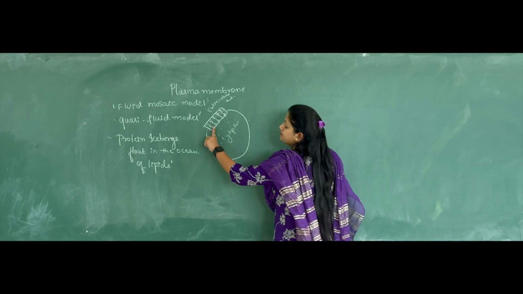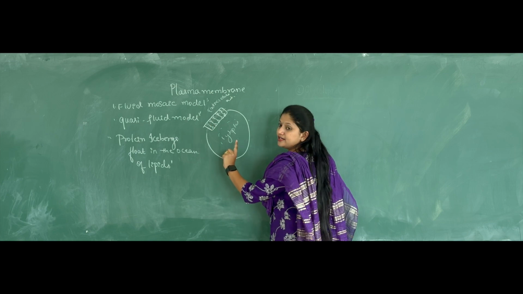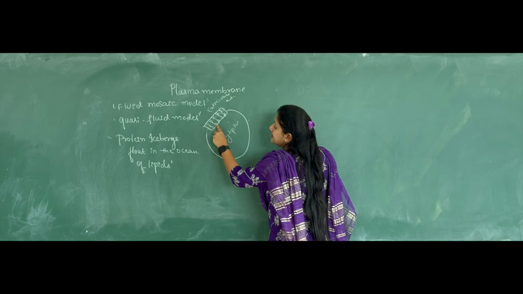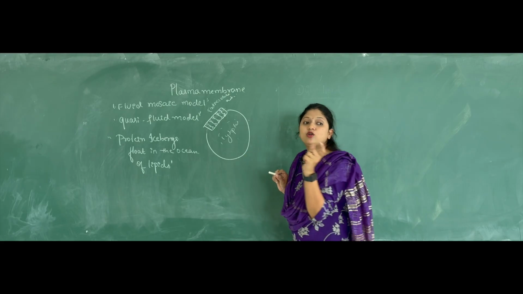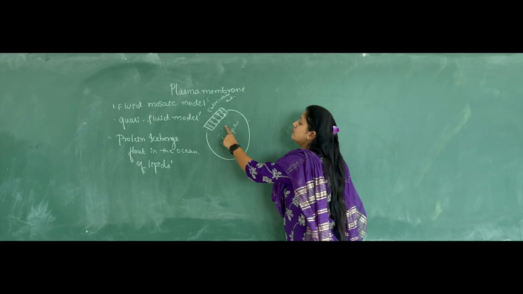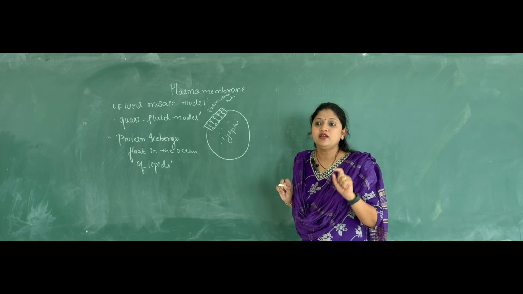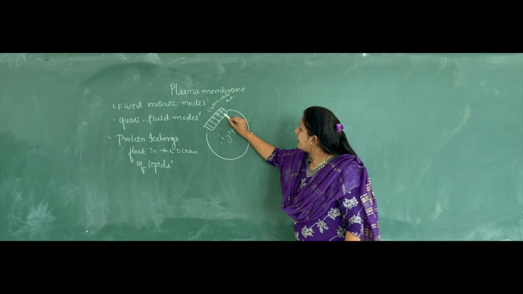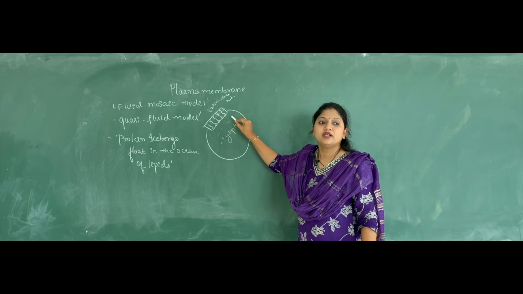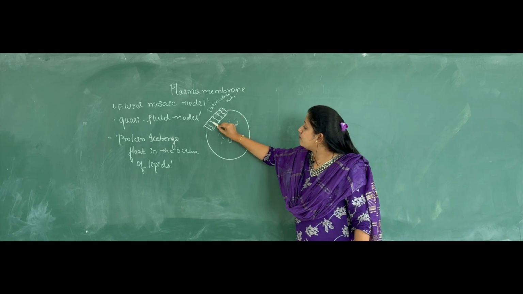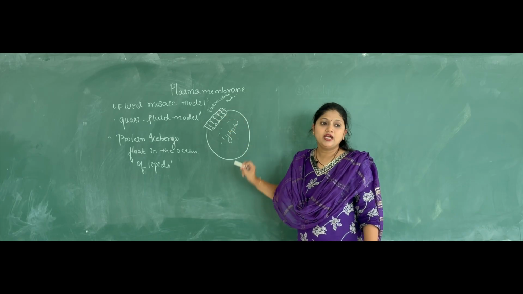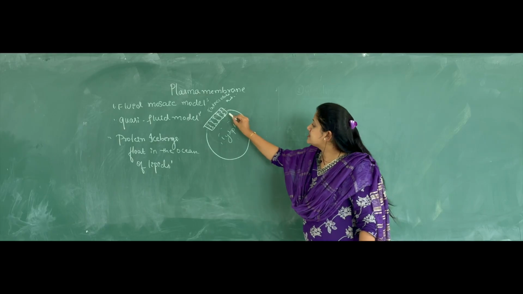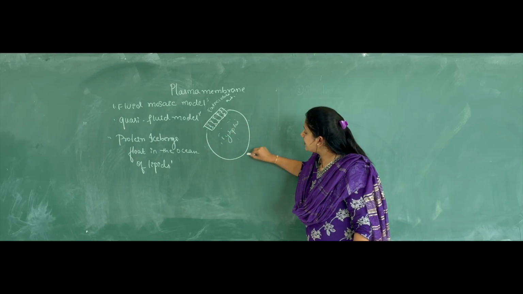So they are pointing to the inner sides of the membrane, and these heads, since they are hydrophilic, they are exposed to the surfaces of the water. Since this is hydrophilic, it is exposed to water. Since this is hydrophobic, it is not exposed to water. So this is how the plasma membrane is continuous.